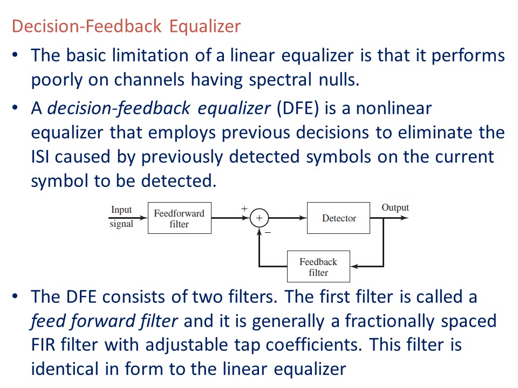This filter is identical in form to the linear equalizer described above, that is what we have studied just now. From the feed forward filter output, the output of the feedback filter is subtracted, that is nothing but the output of the detector, and this is given as input to the detector itself as shown in the figure.